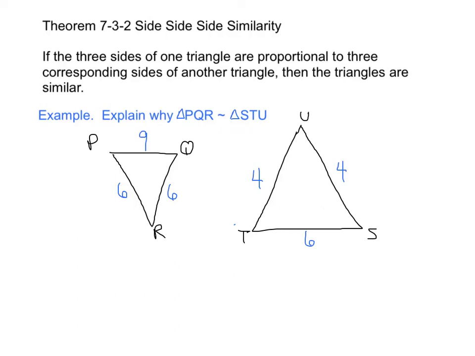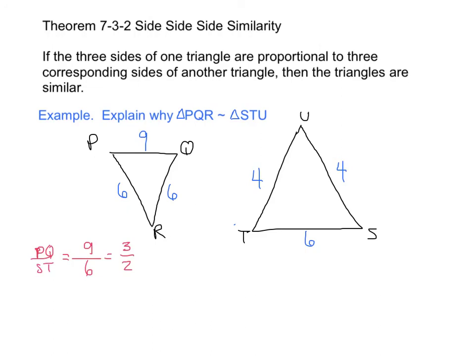PQ means first, second, so let's set up a proportion with the first and the first. PQ is 9 and ST is 6. This reduces to 3 over 2. I should have written that this is PQ over ST.